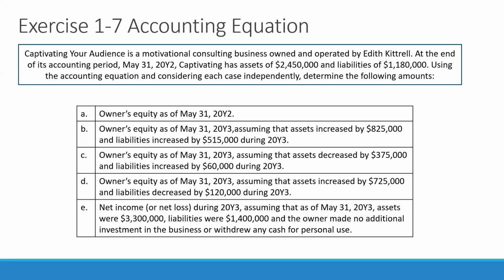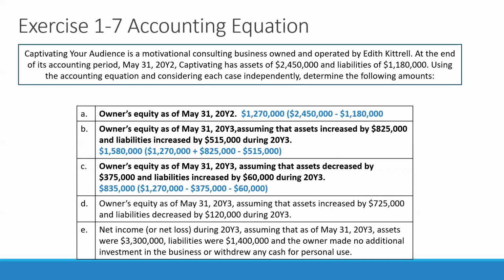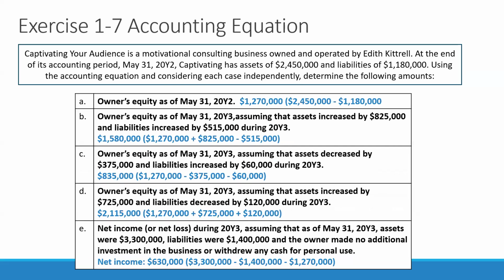So it's really just sort of a big algebra equation using the assumptions of the accounting equation, and you can determine all of these amounts. And you can see the exact algebra here. The slides are posted online if you want to go over this exercise again.